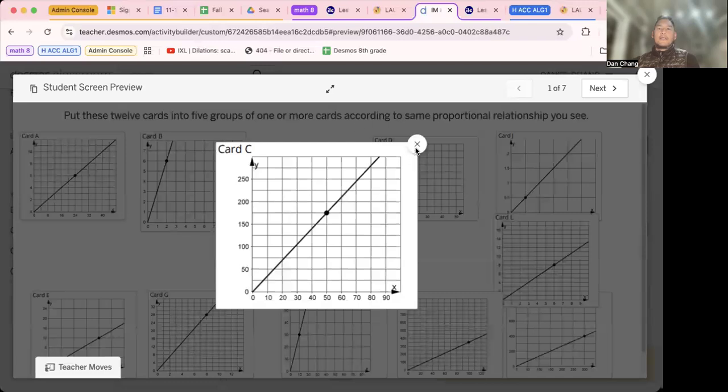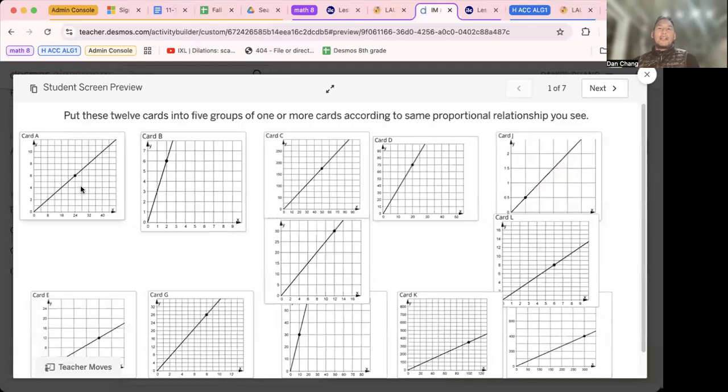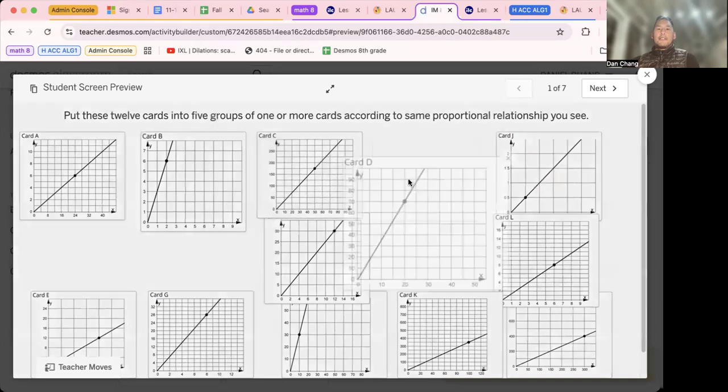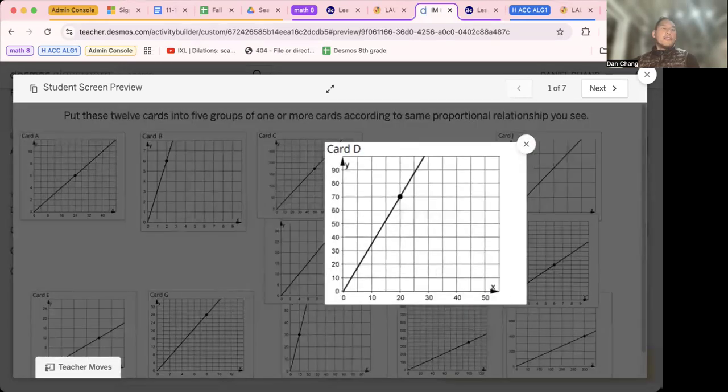And so card A is 1/4. Card C is 7/2. And card D here, its horizontal is 20, and my vertical is 70.